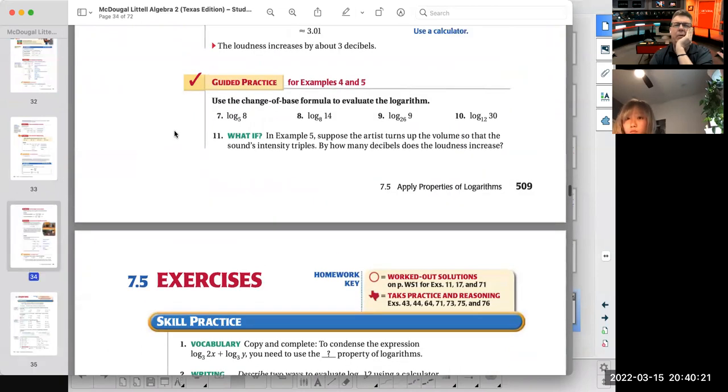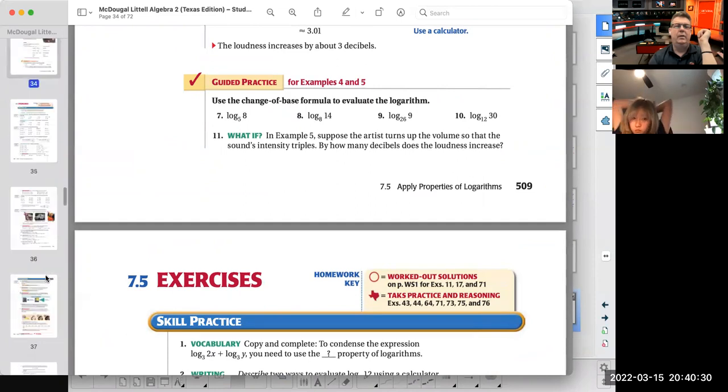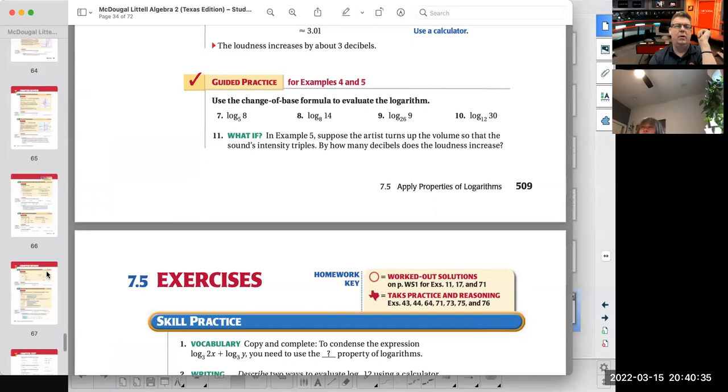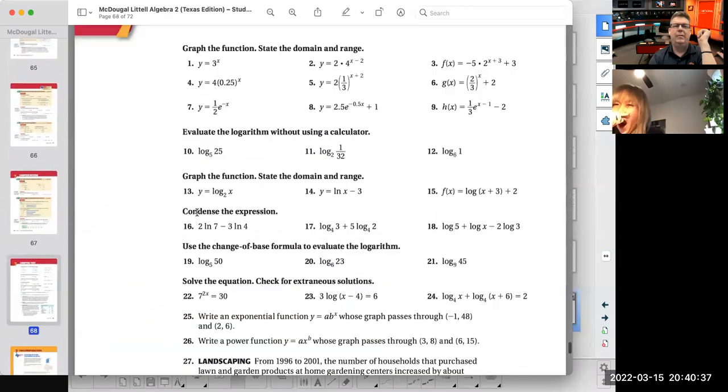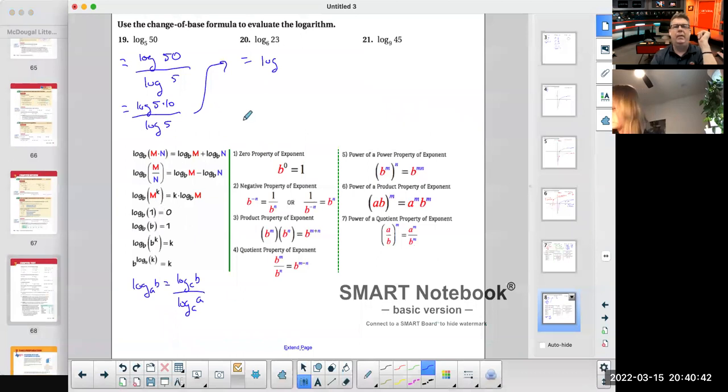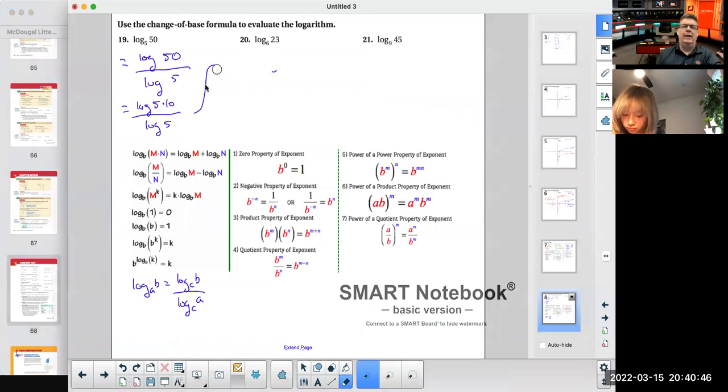That's so stupid. Okay, so you just change it to base 10. I'm sorry, Kaylee. Actually, I'm not sorry. That's just really dumb. Why would you do that when you can put in the log for the calculator all by itself? But who am I, right? I thought you had to do these without a calculator. So all this means is you write it like that, and then you take log of 50 divided by log of 5 on your calculator using the change of base.